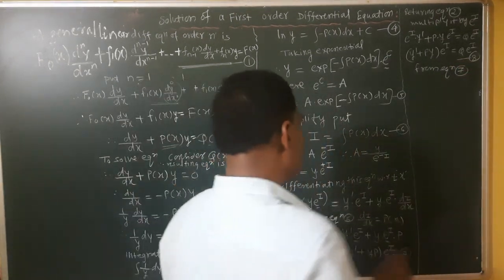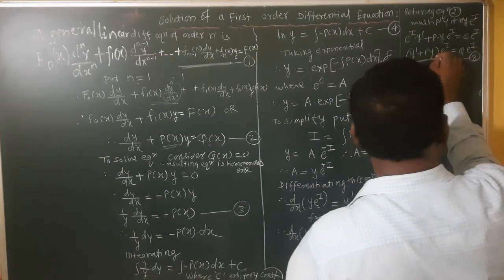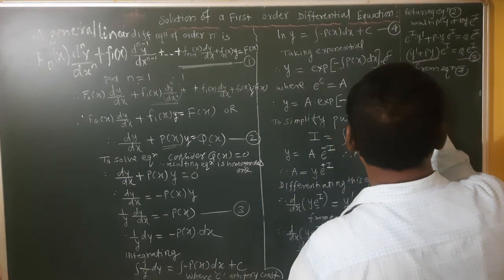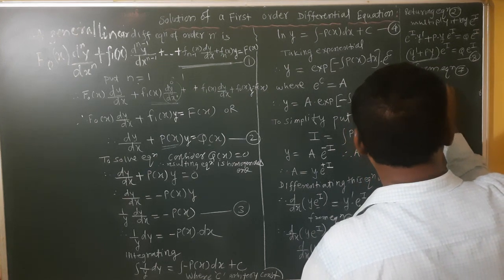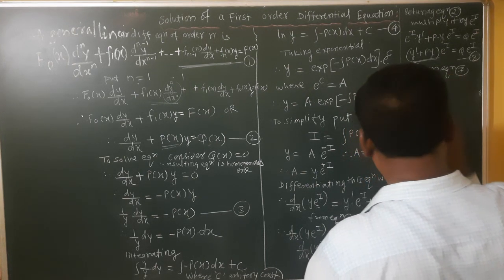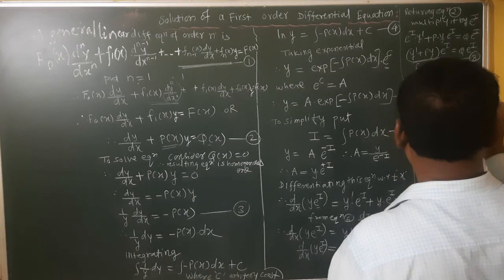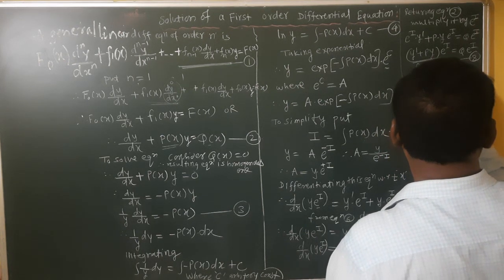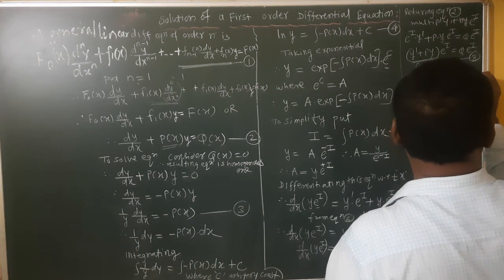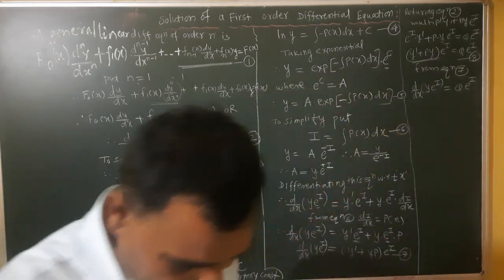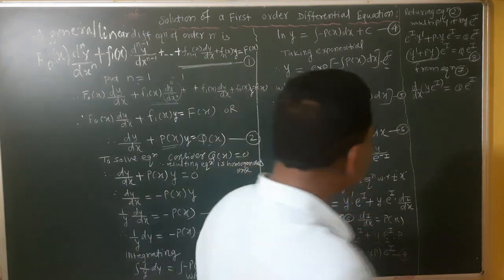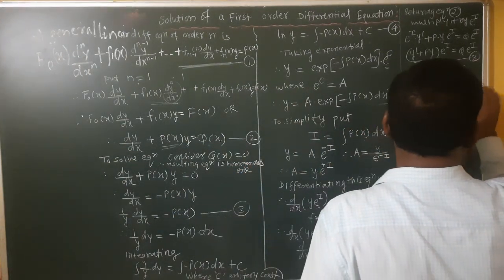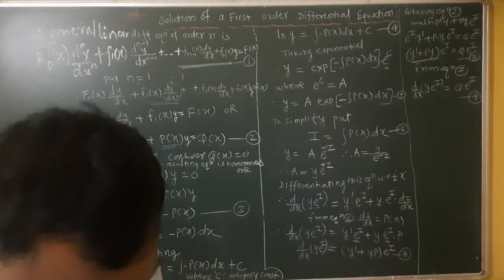this factor is d by dx of y e raised to I, and that is equal to q into e raised to I. Am I right? This is equation number 9.